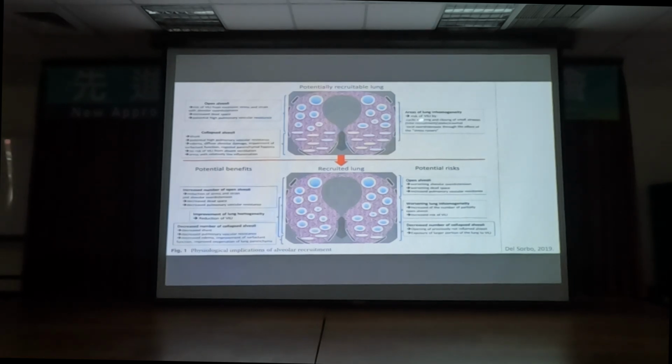And of course, we have areas of lung inhomogeneity that put us at risk of ventilator-induced lung injury by cyclic opening and closing. So the idea of lung recruitment, theoretically, is to optimize the lung and homogenize it as much as possible in order to stabilize pulmonary vascular resistance, stabilize oxygenation, stabilize ventilation, etc., and remove the risk of VILI.